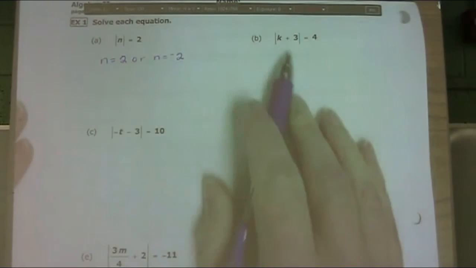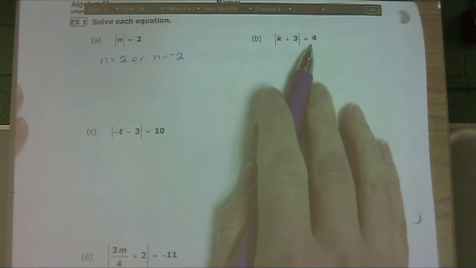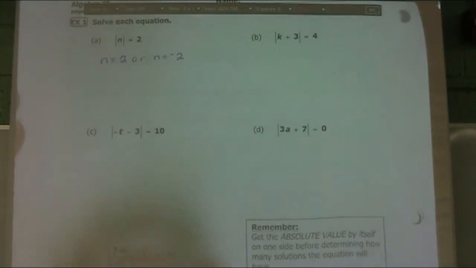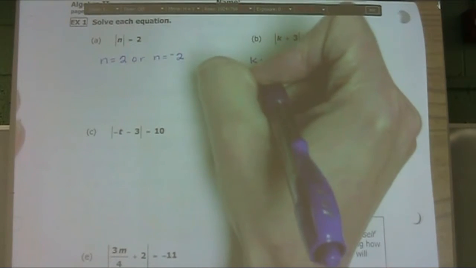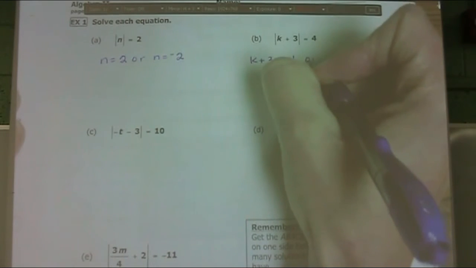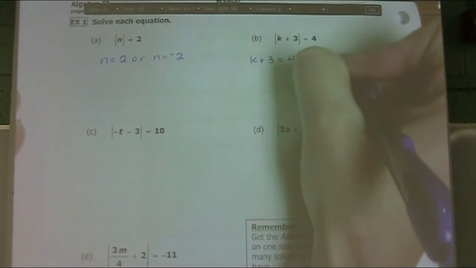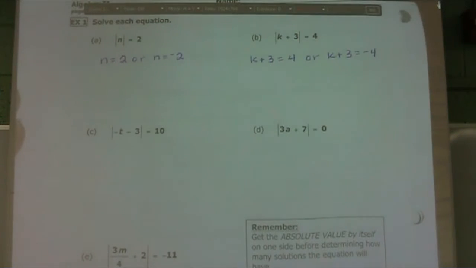If we go to B, we have absolute value equals a positive number. It's going to have two solutions. The way we find that is we're going to say k plus 3 either has to equal 4 or k plus 3 equals negative 4. All right?